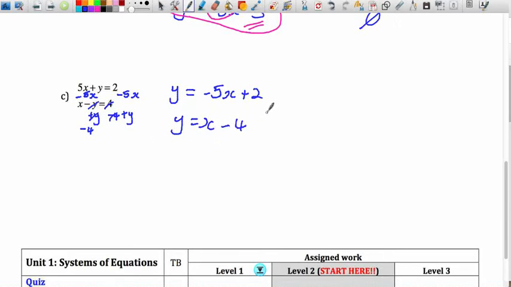At this stage, what's important to note is that if you look at the two slopes, and the slope here is of course 1, the slopes are not the same, and immediately that tells us that there is going to be one solution. When I say one solution, what I mean is one x value and one y value.